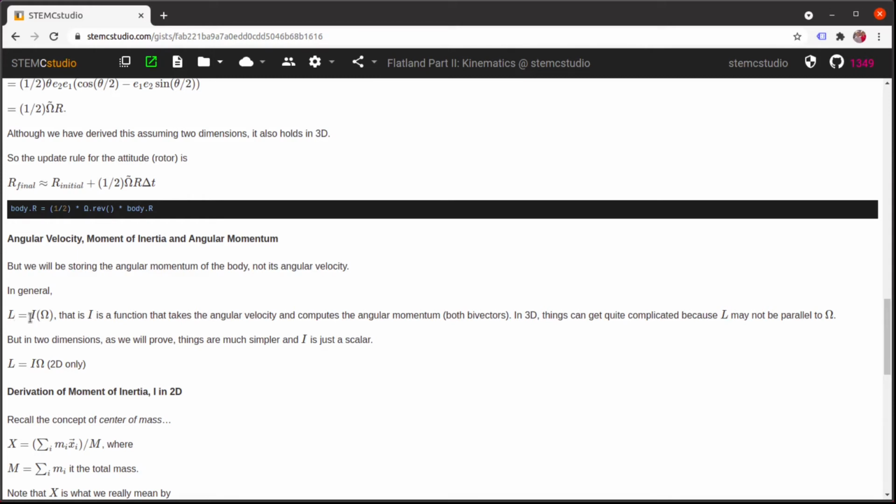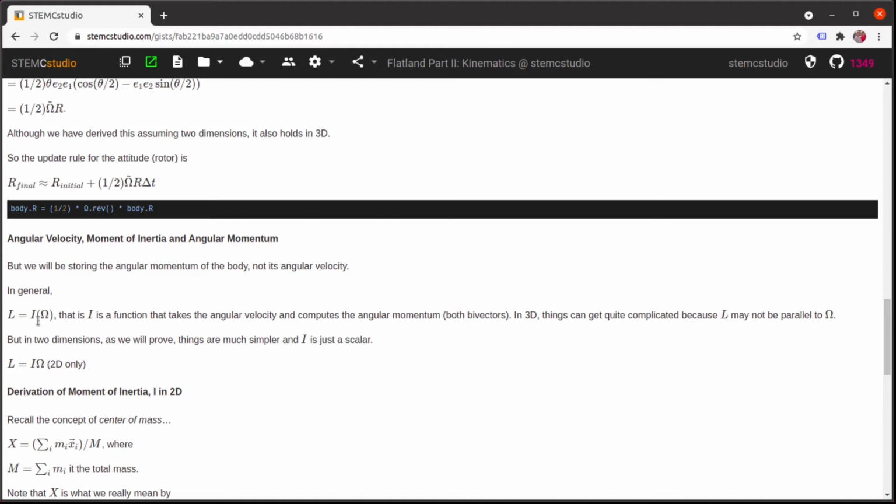This function here is called the inertia. Moment of inertia, inertia tensor, all of these terms came before geometric algebra, and so unfortunately calling it the inertia tensor suggests something else, but it's actually kind of okay.